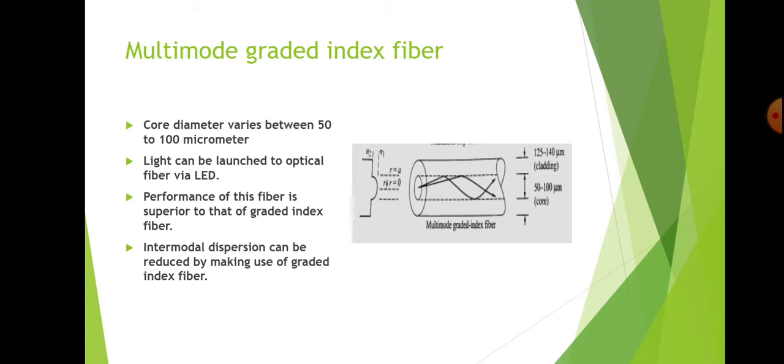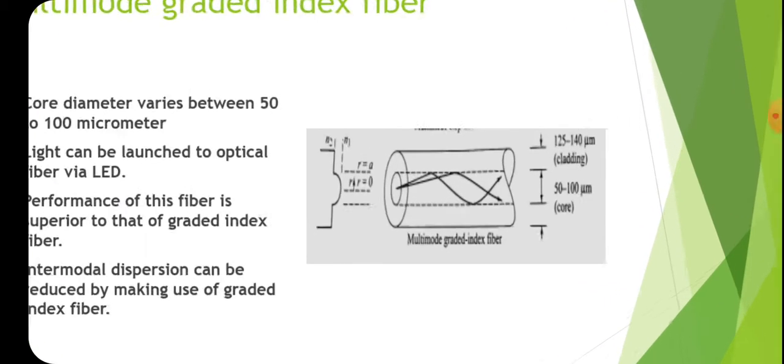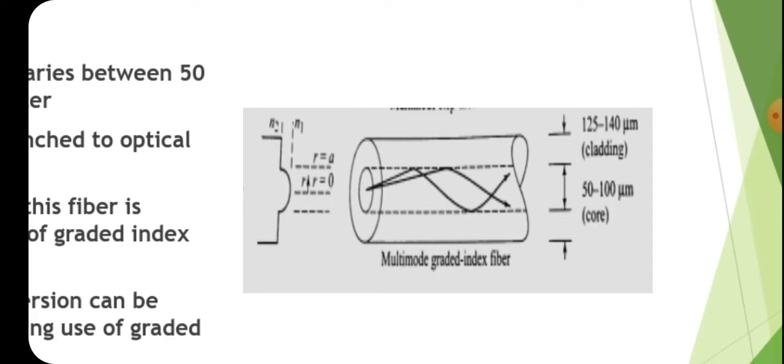and the figure shows the path of the light ray in the multimode graded index fiber, and we can see that since it is a multimode fiber, its core diameter is high. It is of the order of 50 to 100 micrometer, and there is cladding, and cladding refractive index is n2, and we cannot say a single value for the core refractive index, because we know that since it is a graded index fiber, its refractive index will be varying.